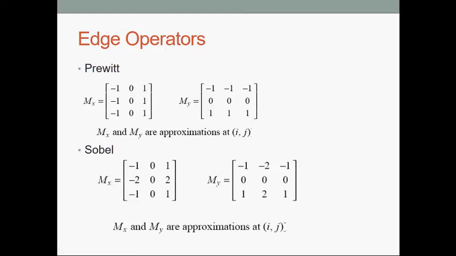Now you will ask me, what is the convolution? Convolution is nothing but taking these masks, placing them on an image, multiplying them with the pixels present on the image, and the sum of this placed in the center pixel is the convolution.